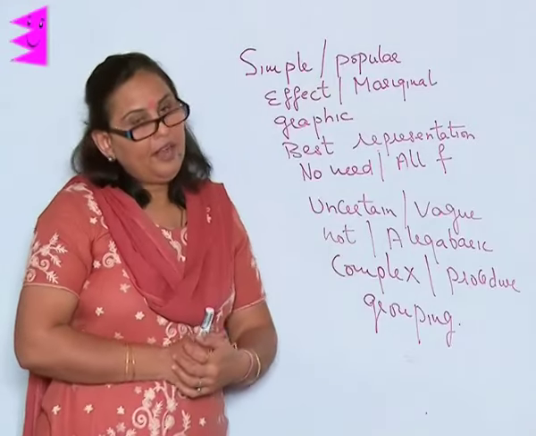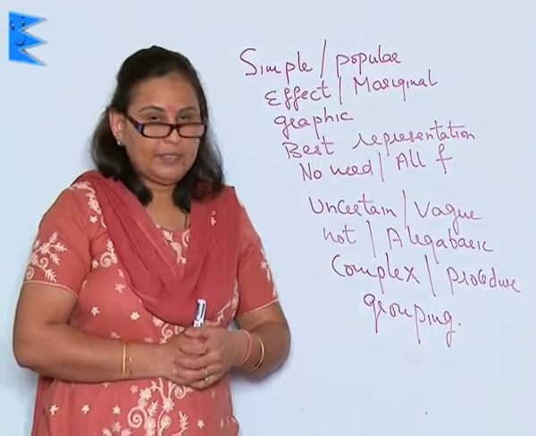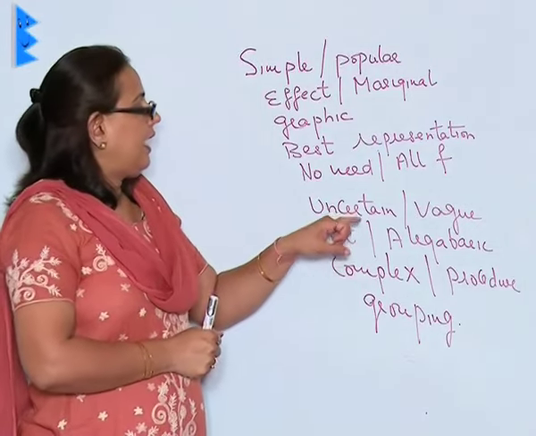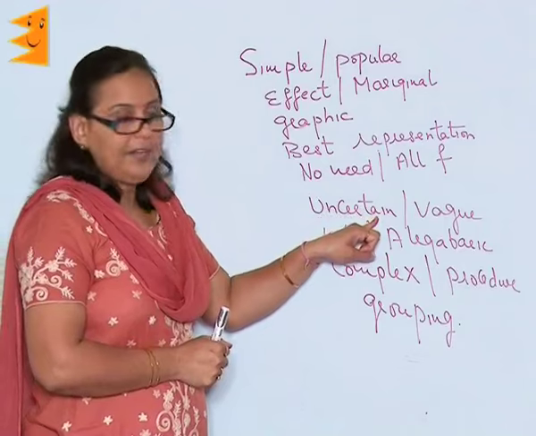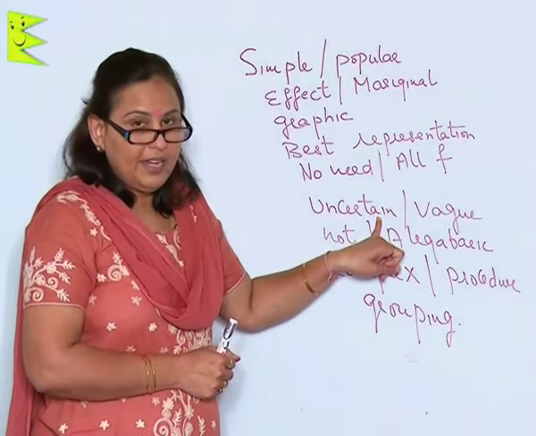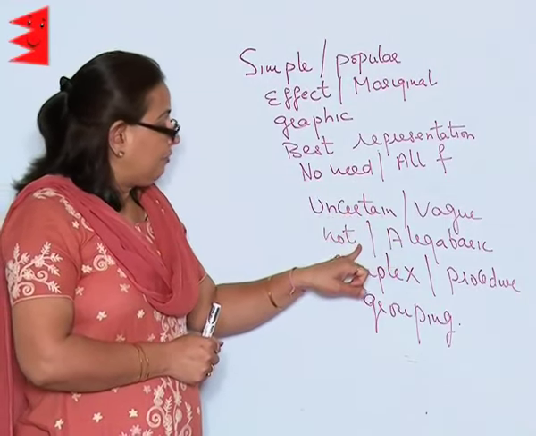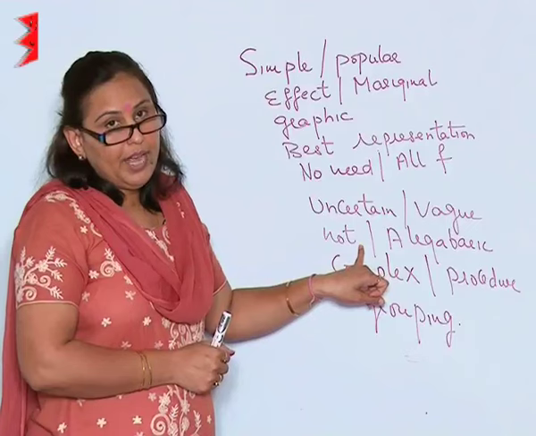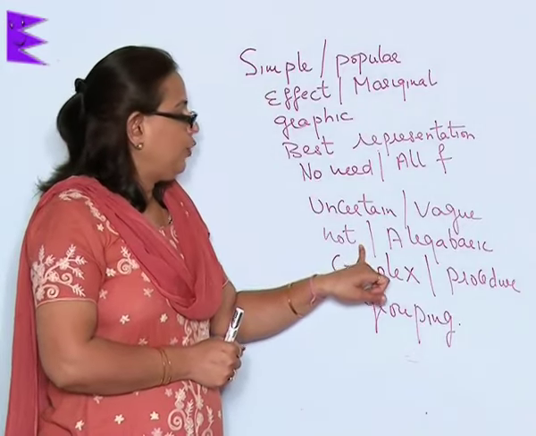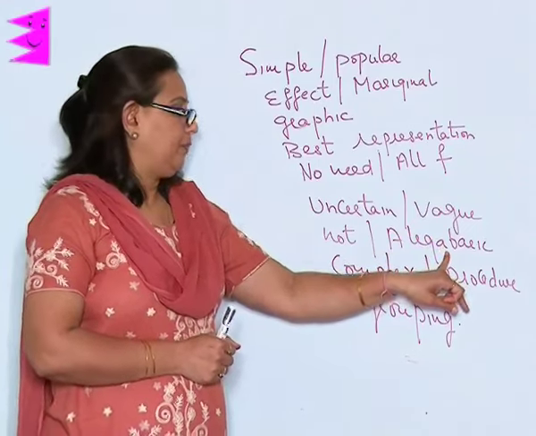But there are of course the demerits also to the system, which are that the central tendency which we derive is generally uncertain and vague. Besides, the findings which we have cannot be used for further algebraic treatments.